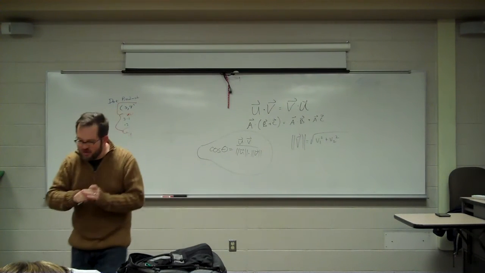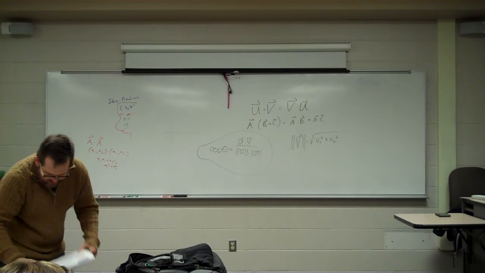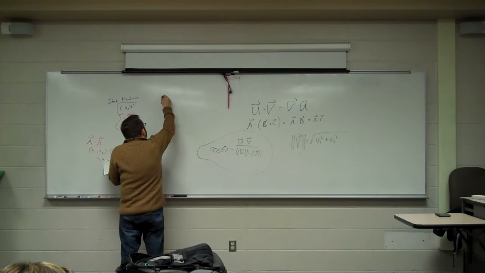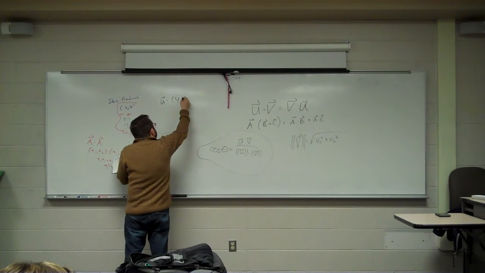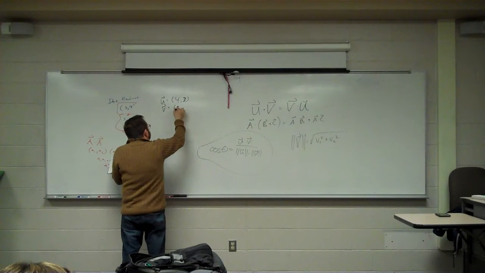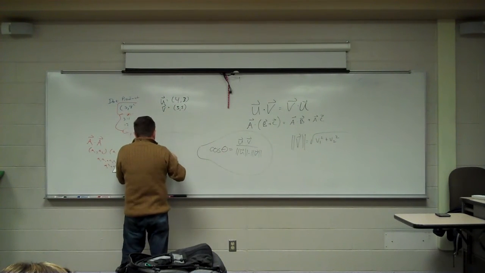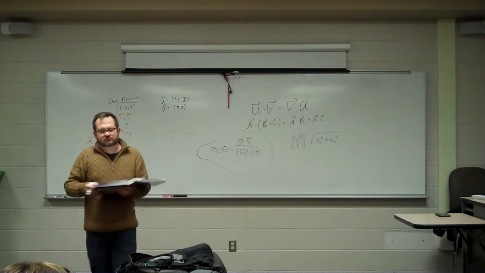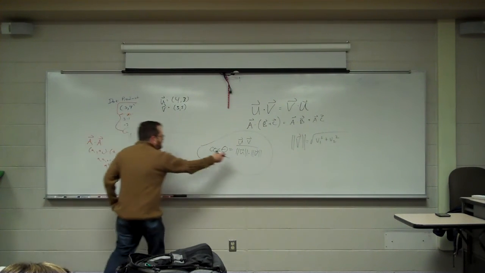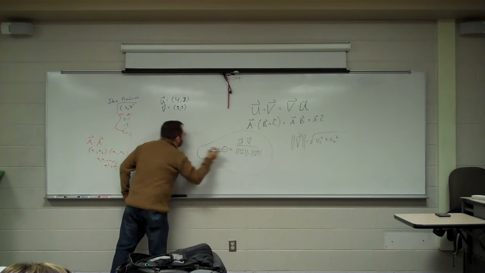This is example 3 on page 435. Your vector u was 4, 3, and your vector v was 3, 5. Let's quickly find the u magnitude and the v magnitude.